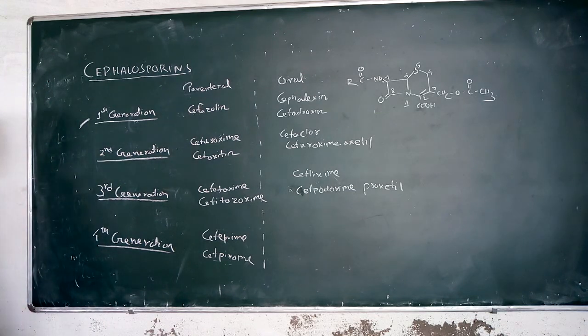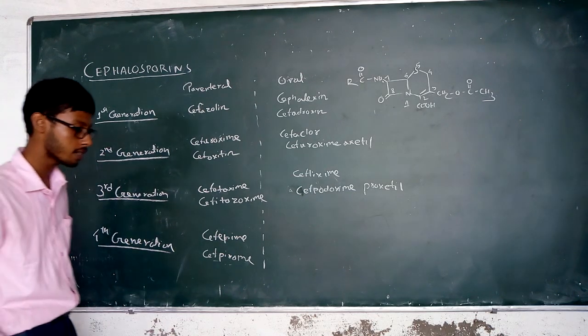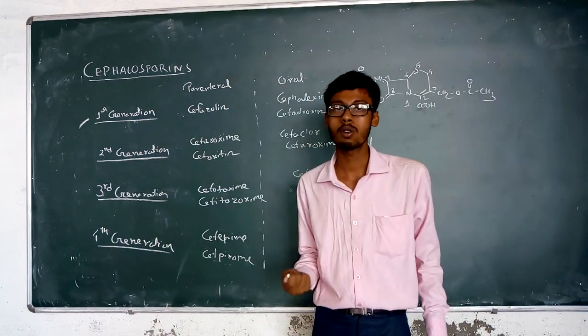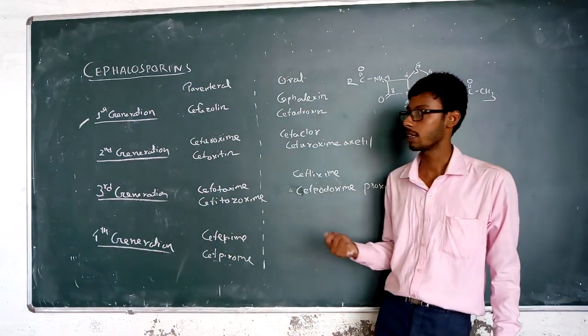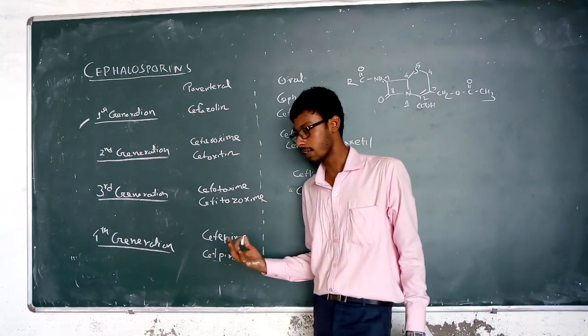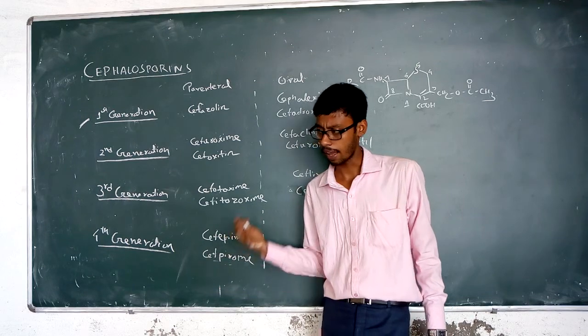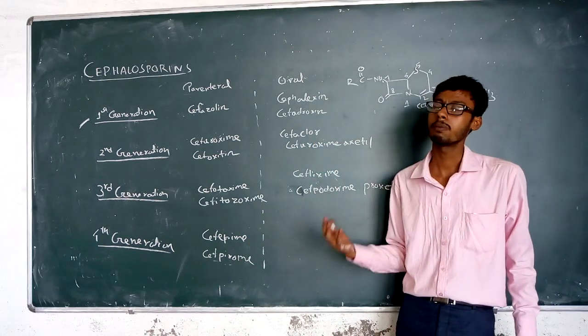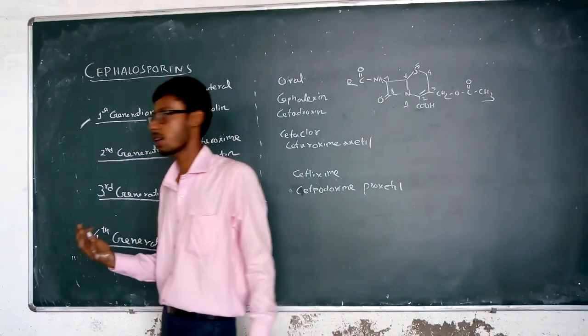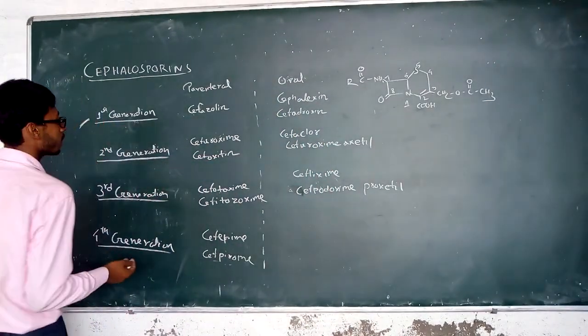These first generation drugs, like penicillins, are mainly active against infections caused by gram-positive bacteria, such as staphylococcus and streptococcus.